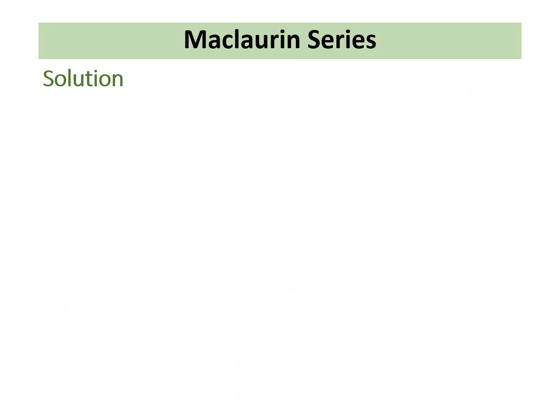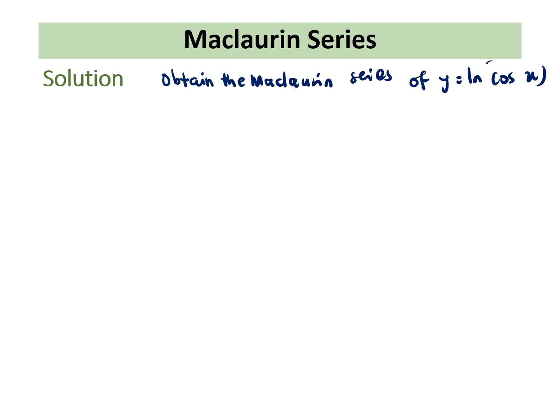Next, we have to obtain the Maclaurin series of y equals ln cos x. We can represent our function y as f(x) equals ln cos x.